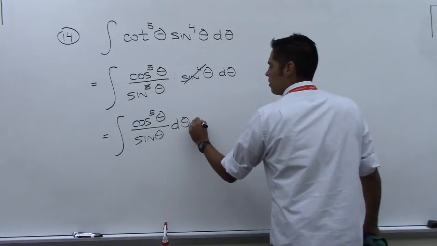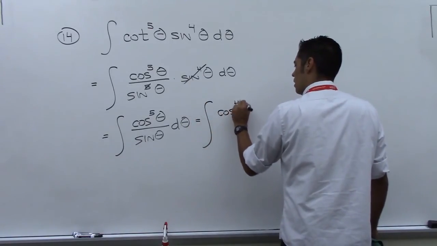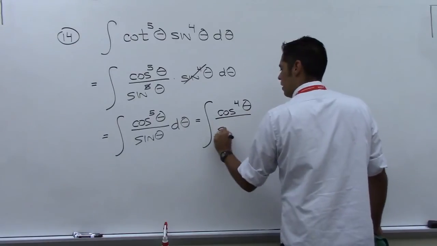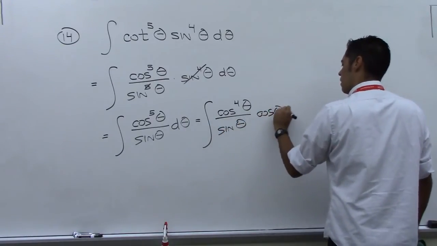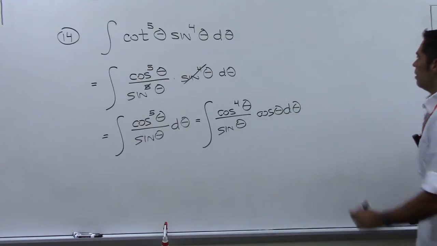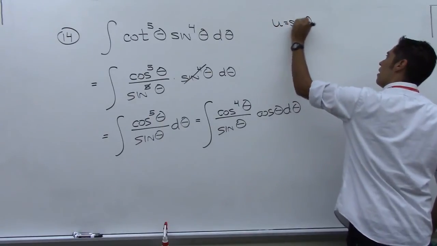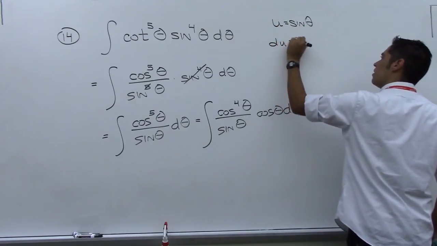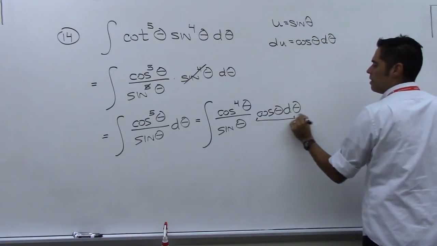So I'm going to rewrite the integral first and peel off one factor of cosine. Now you can see here I've got u and there's du. So my substitution is u is sine theta, du is cosine theta d theta.